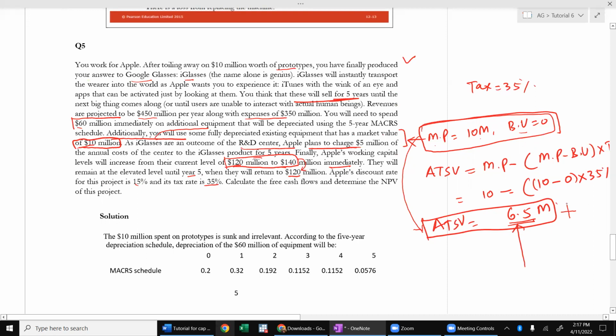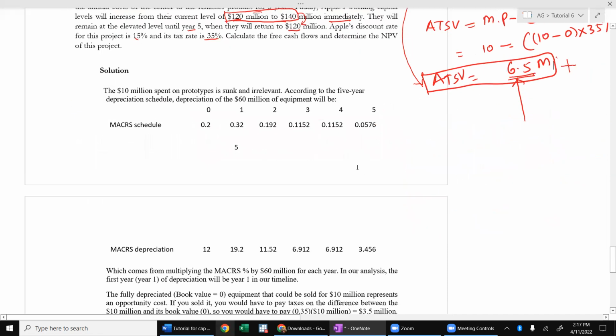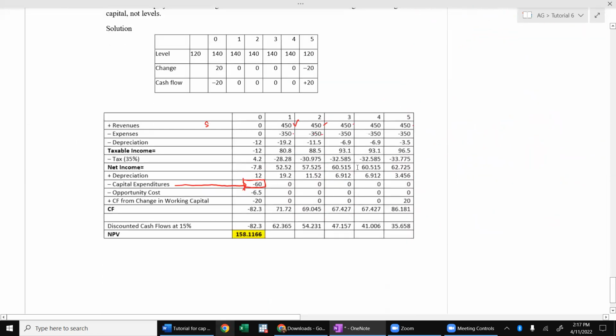The company can earn it, but the company is not earning it. Okay. The company is using it. So you will see that this 6.5 is written negative. In other words, it is an inflow for the company, but the company is not selling it. So when it is not selling it, it means it is a cost for the company. It was a benefit, but the company made it a cost. So it will be part of the project. Okay. So again, it is a cost.